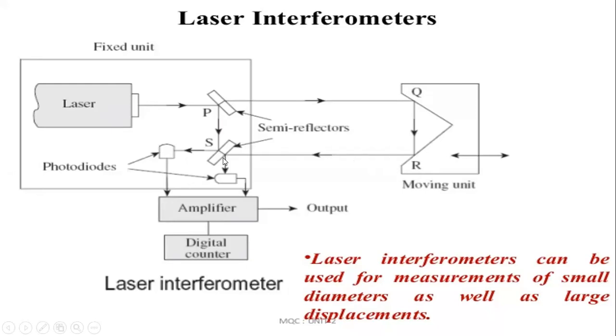And by this it comes to the output amplifier, and in the amplifier it is used to measure the values in the digital counter. So that is the working of the laser interferometer, and this is the fixed unit position, and this is the moving unit position. So for checking the distances, we need to move this moving unit.